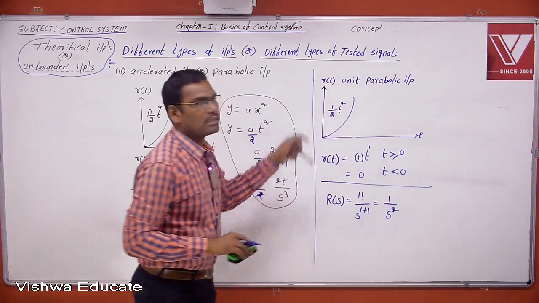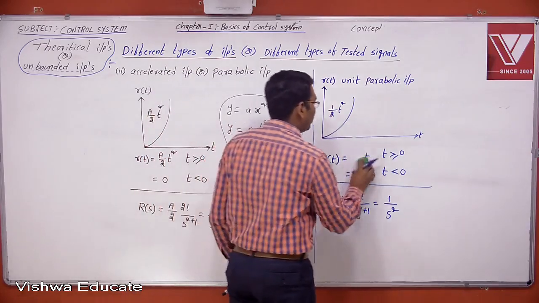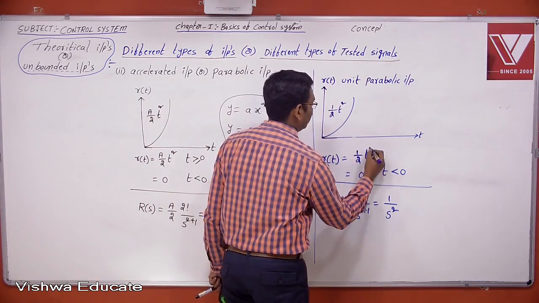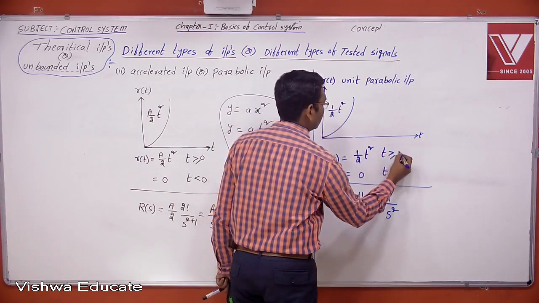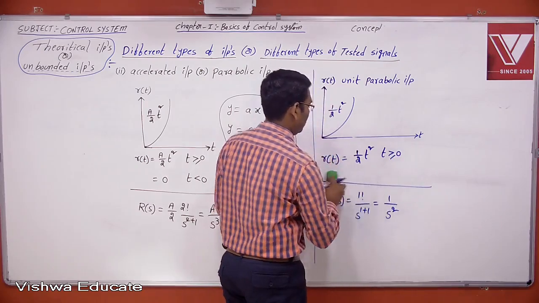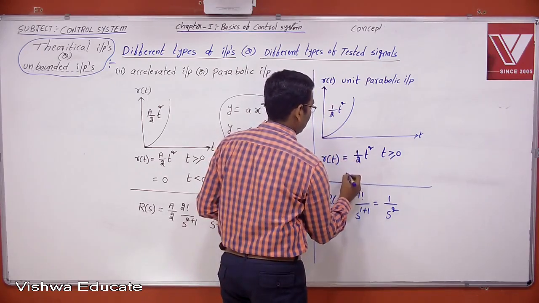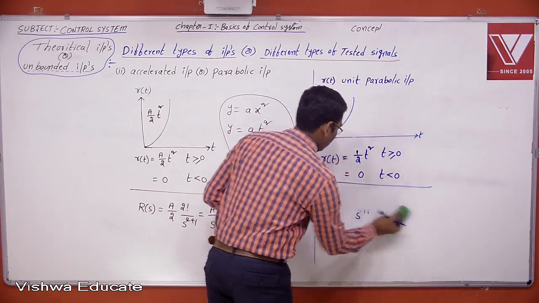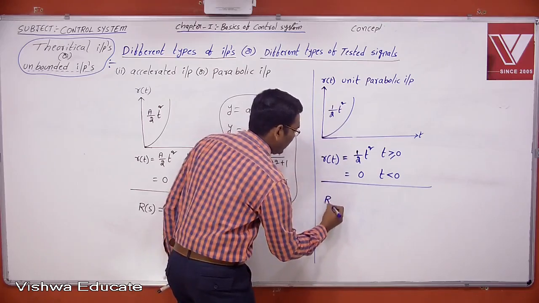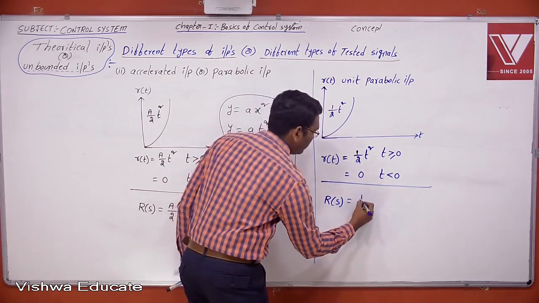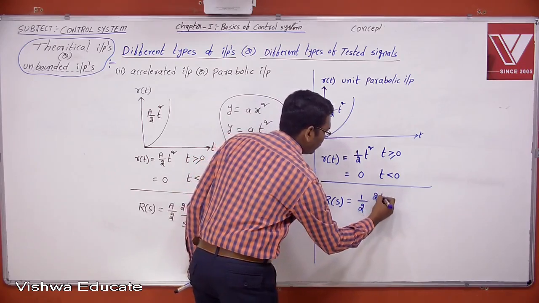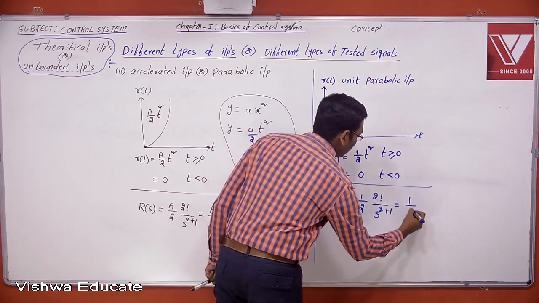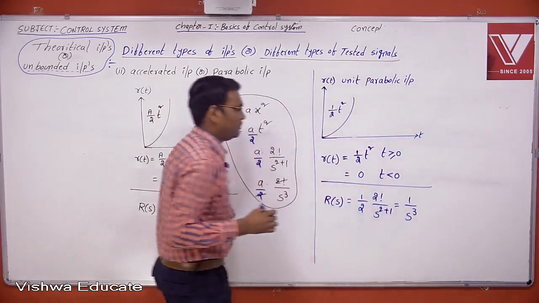Therefore, this is r of t in the time domain, and in the frequency domain, r of s is equal to 1 by 2 into 2 factorial by s power 2 plus 1, which is equal to 1 by s cube.